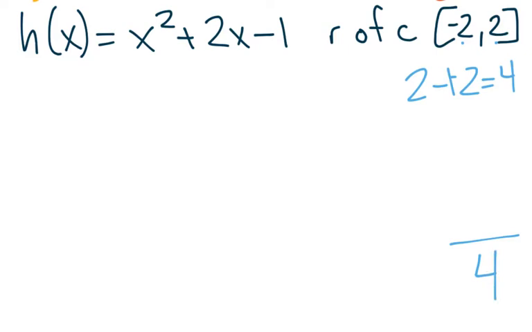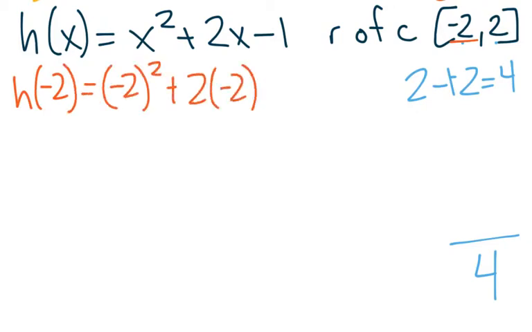Then I plug in my negative 2, so h of negative 2 equals negative 2 squared plus 2 times negative 2 minus 1. Now, if you're going to go negative 2 squared in the calculator, make sure you put parentheses around it. If you don't, it won't come out right, because negative times a negative is a positive.